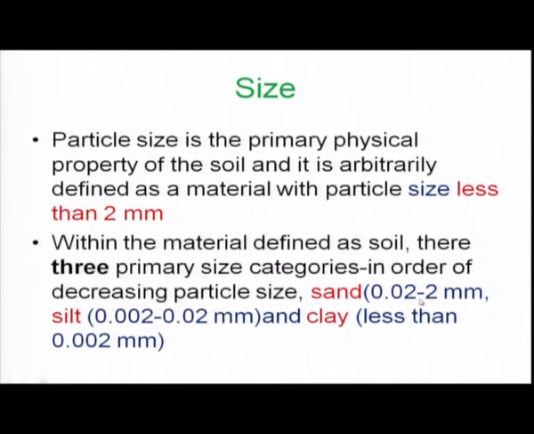Between 0.02 to 2 mm, we call it sand, between 0.002 mm to 0.02 mm, we call it silt, and less than 0.002 mm, we call it clay. So, soil consists of these 3 particles, sand, silt and clay, in decreasing order.